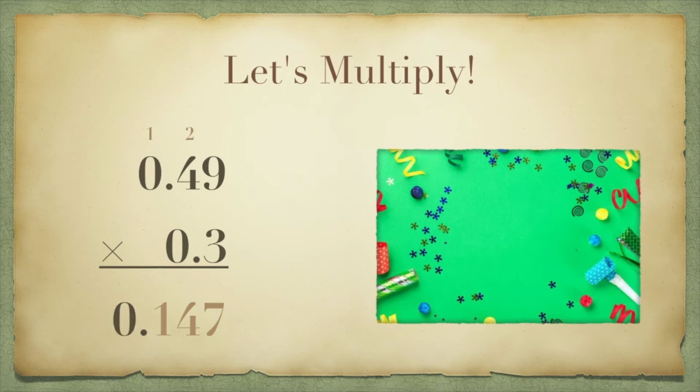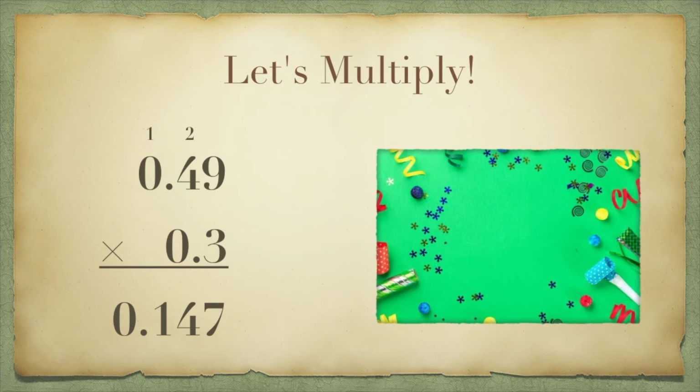That is the 3 decimal places. So we will put the decimal point after 1 since it is the 3rd decimal place. So it should look like this. The final answer should be 147 thousandths or 0.147.